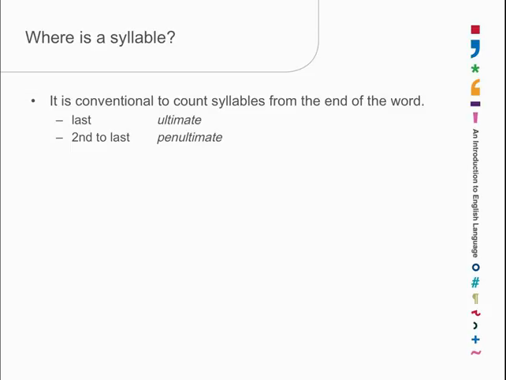No, it's the second to last syllable, lubricazione, that gets the stress. The third to last, the antepenultimate syllable, is the place for the stress in still other words, and so forth. We don't go beyond the pre-antepenultimate, and you'll notice how nice this system is. The ultimate, the penultimate, the antepenultimate, and the pre-antepenultimate.